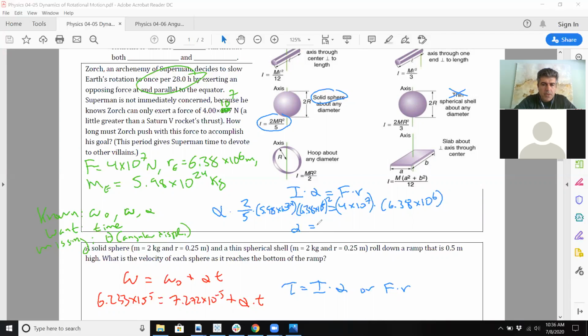Okay, so it's a pretty low value here. 2.621 times 10 to the negative 24 rads per second squared. Now, I made sure my units were all correct. I used meters for radius, kilograms for mass.